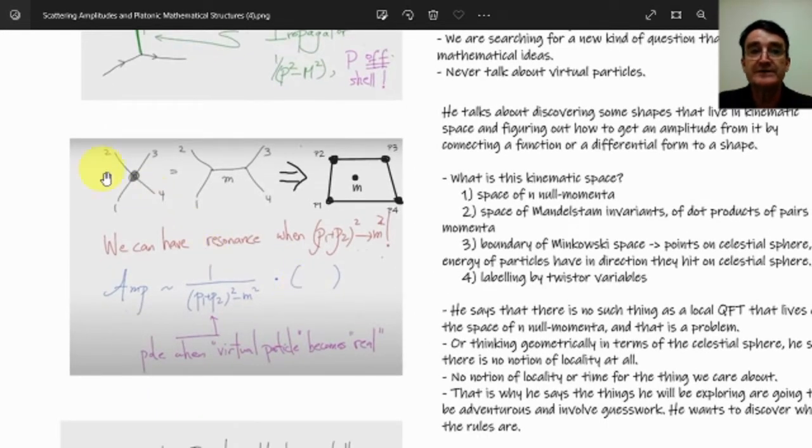So here we have a diagram of the scattering process, indexed by these numbers 1, 2, 3, 4. So this is particle 1, particle 2, particle 3, particle 4 in.